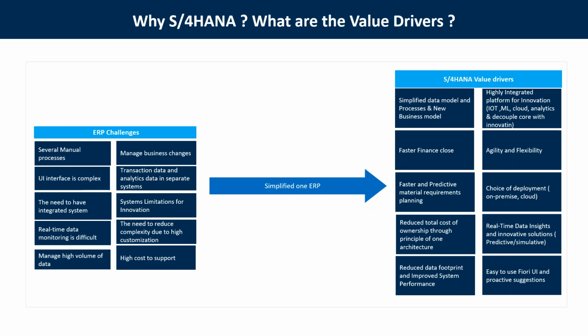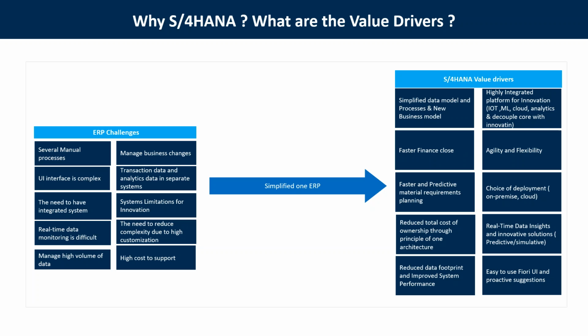S4HANA also comes with a lot of deployment options. You can do it on-premise or single tenant cloud, or you can do it multi-tenant cloud. It also provides a lot of embedded real-time analytics as part of standard out of the box. And it also provides a lot of innovative solutions, for example, predictive and simulative capabilities.